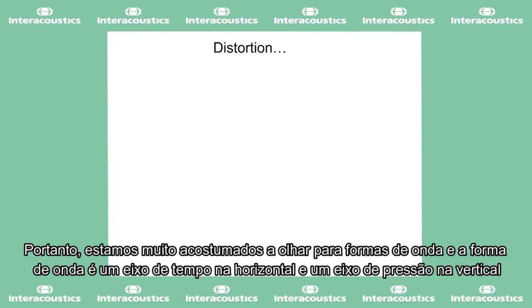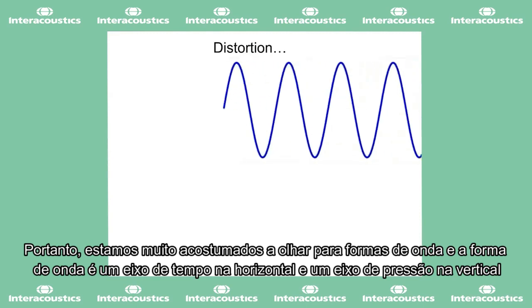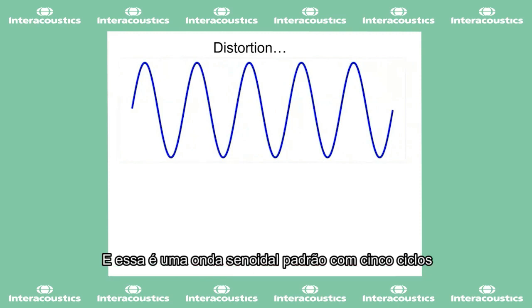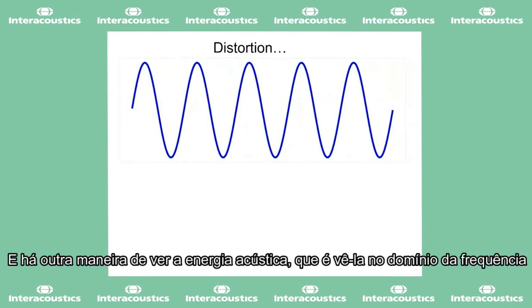So we are very used to looking at waveforms, and the waveform is a time axis in the horizontal and a pressure axis in the vertical, and that's a standard sine wave with 5 cycles. And there's another way of looking at acoustic energy, and that's to look at it in the frequency domain.